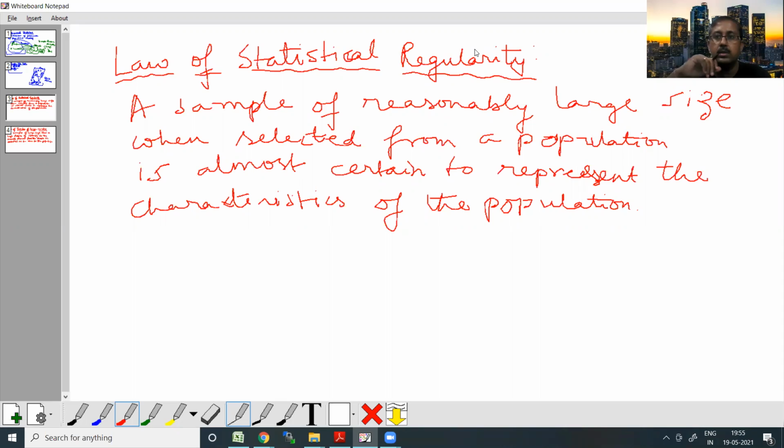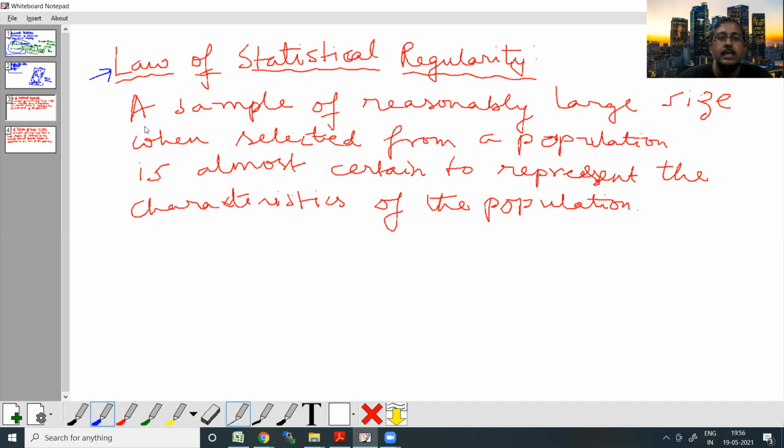There are two laws which govern that samples can reflect the characteristics of the population, or rather we can use the samples to infer the characteristics of the population. So the first important law is the law of statistical regularity.